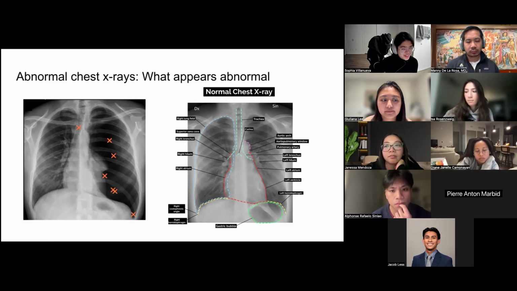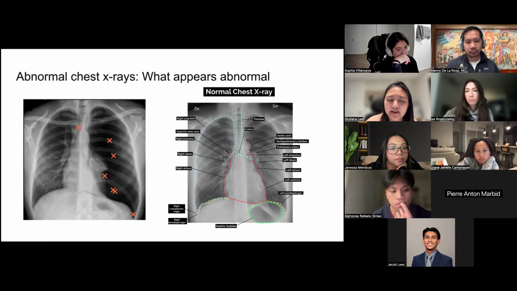Very enlarged left lung. Yeah, that left-sided lung does look a little bit bigger or larger compared to the right side. What else can people speak to that they're noticing?